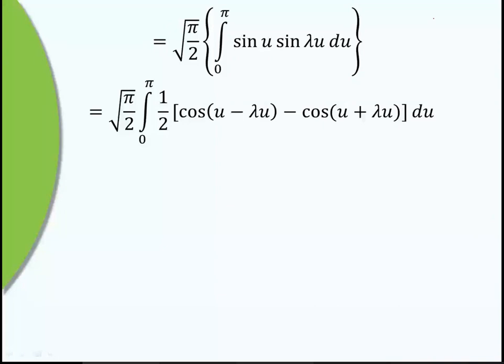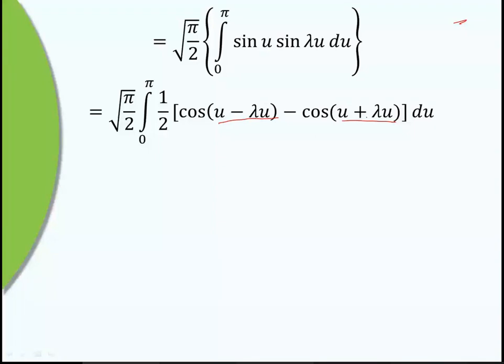Now you can integrate both these terms directly, because we know the integration of a single cos term. If you want, you can take u common out of these, or you can keep the terms as they are, no problem.